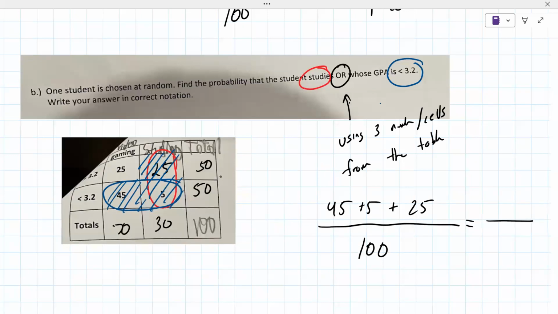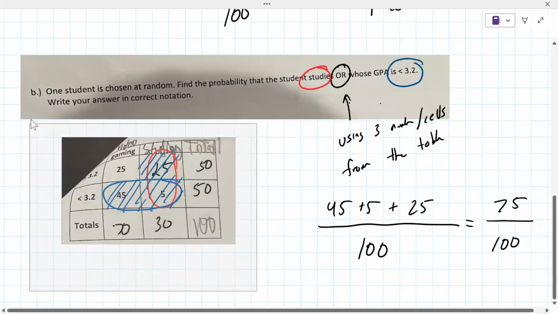Go ahead and add those three up. Seventy-five over 100. We're good.